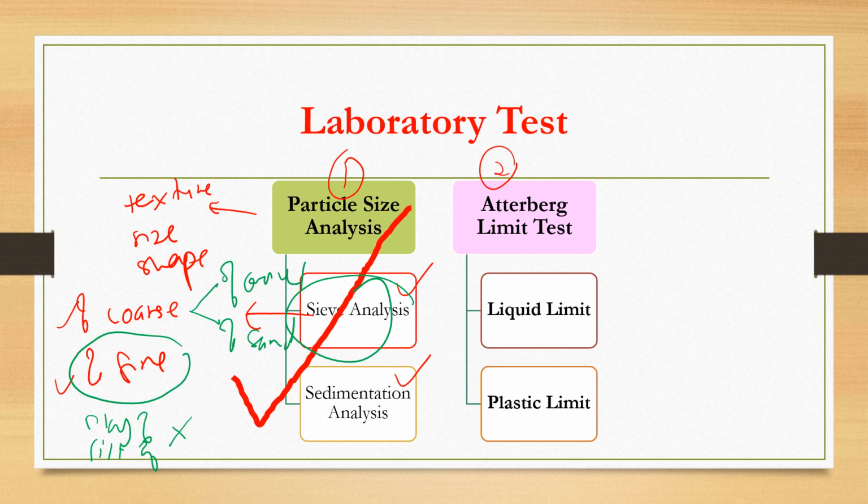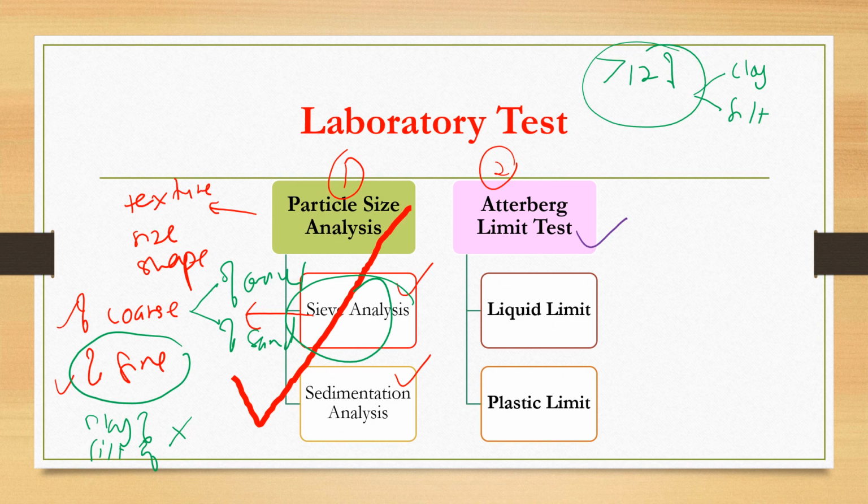Let's say it has more than 10 or 12% of fine grain soil, which is considered significant to influence the behavior of soil. Then you want to know which one is dominant, either clay or silt. So what you need to do is to carry out the Atterberg limit test.